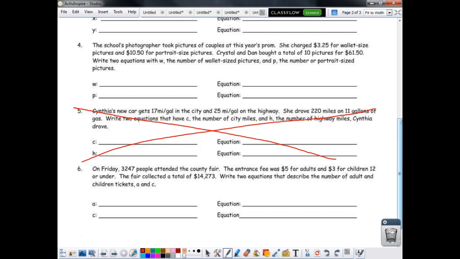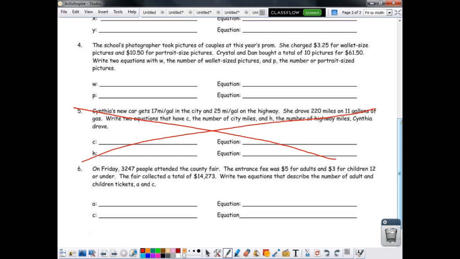Okay, so number 4. The school's photographer took pictures of couples at this year's prom. She charged $3.25 for wallet-sized pictures and $10.50 for portrait-sized pictures. Crystal and Dan bought a total of 10 pictures for $61.50. Write two equations with W, the number of wallet-sized pictures, and P, the number of portrait-sized pictures.